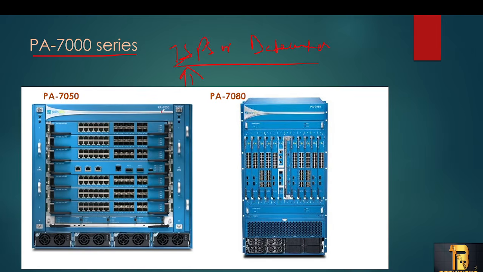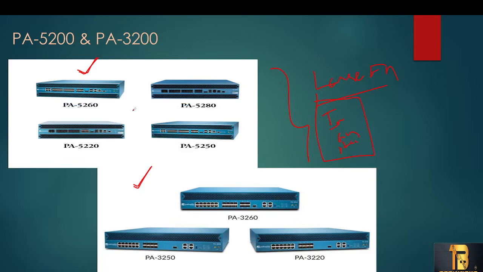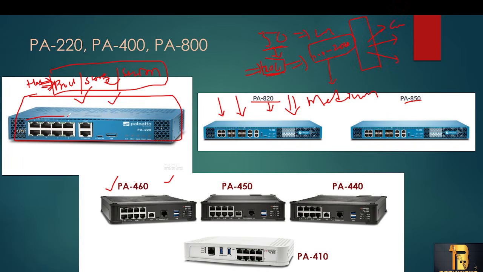After the hardware types, we have interface types in the firewalls. If you see here, we have multiple ports in one firewall. In some firewalls you will have RJ45, and in some firewalls we will have fiber ports.